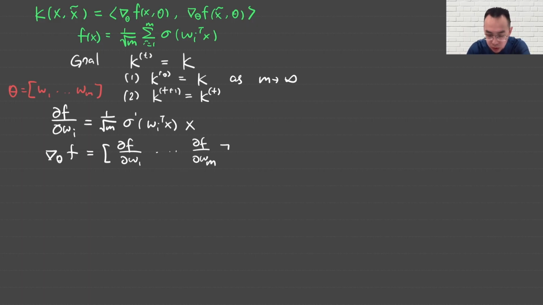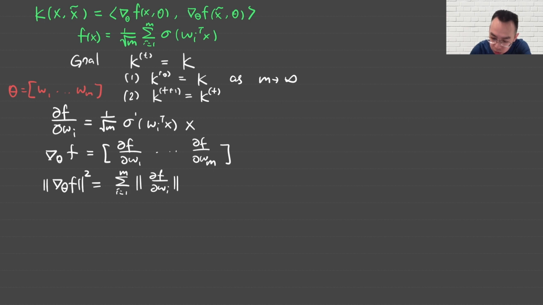Okay. So what we can also do here is compute the norm of this gradient vector, right? So that's also going to come up. So the norm, and then let's just square it for simplicity here. It's just going to be the sum of the norm for each neuron, right?